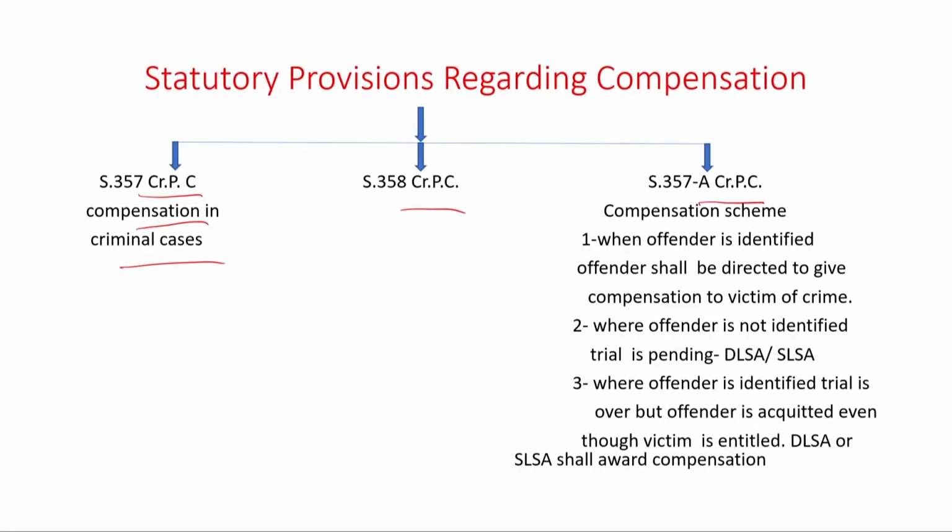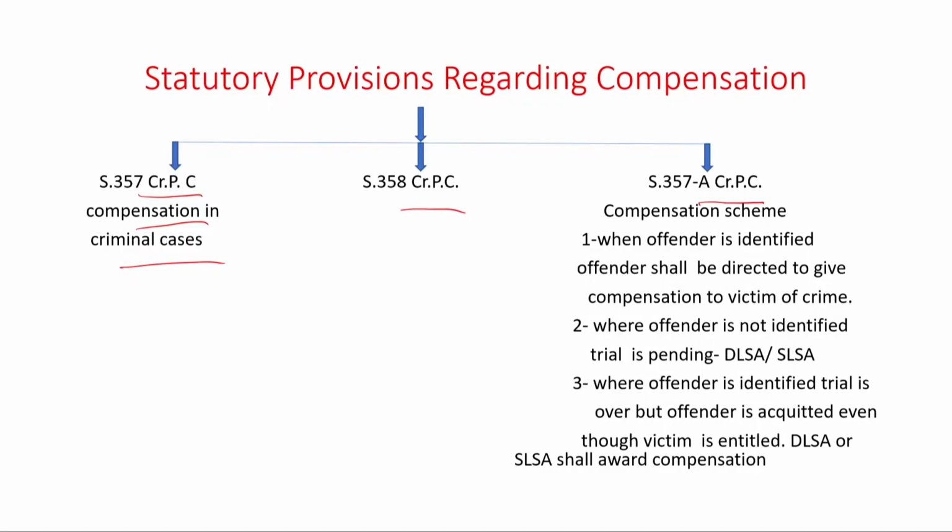So nobody will take shelter of section 358 CRPC, because it will not help the aggrieved adequately. In section 358 it is specifically mentioned that where a person is arrested groundlessly, he can get compensation which shall not exceed rupees 1000. So the maximum compensation an aggrieved can get under section 358 CRPC is 1000 rupees.